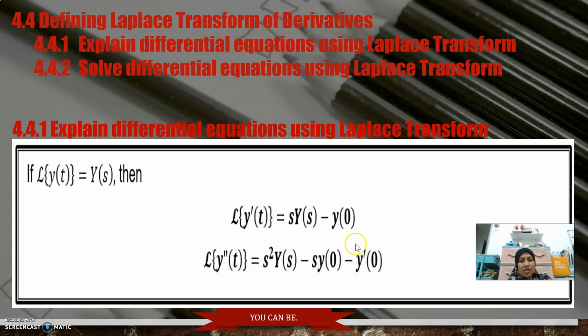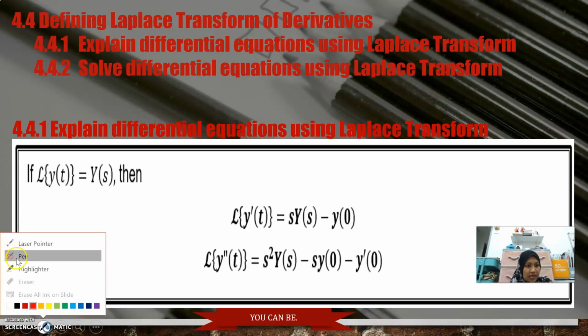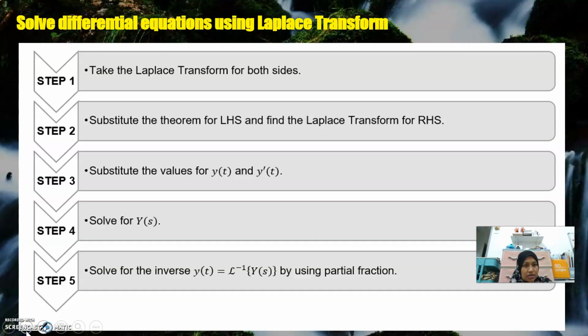This formula or this equation you will substitute in your equation, and then you will get the new equation. So these are the steps that will guide you in order to solve the problem regarding this topic.